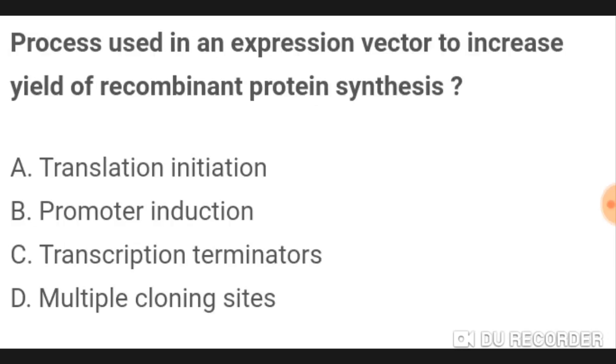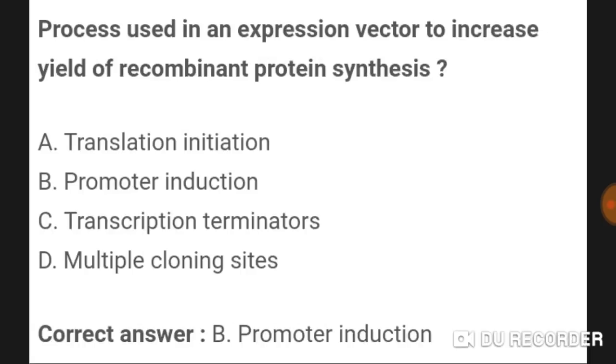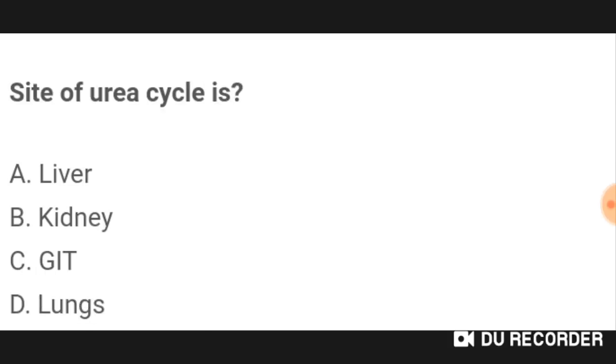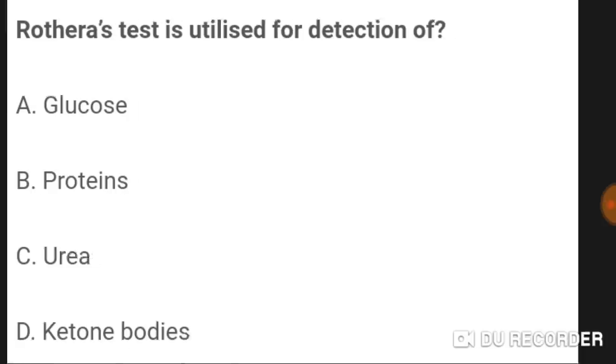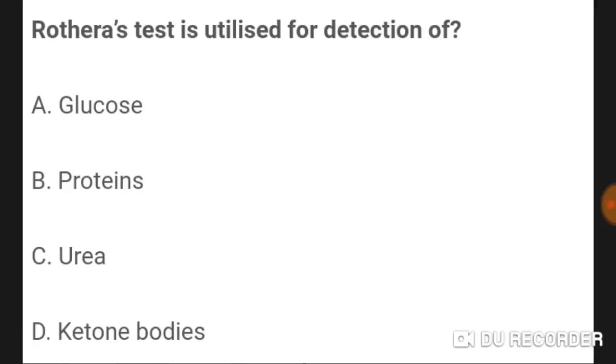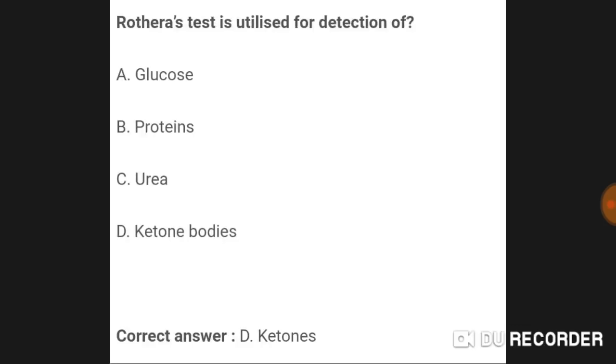Process used in expression vector to increase yield of recombinant protein synthesis: promoter induction. Site of urea cycle is liver. Rothera's test is utilized for detection of ketone bodies.